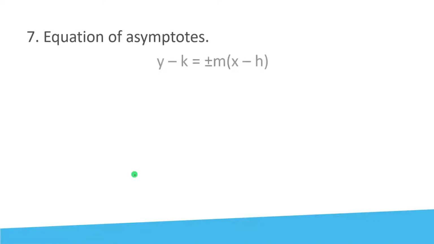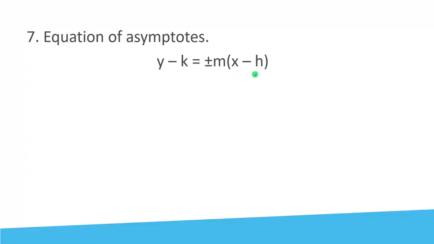Equation of asymptotes. Your asymptotes there are the slope, or the diagonal line formed by your transverse and semi-transverse and semi-conjugate axis. To find the equations of those lines, we will use y minus k equals plus or minus m times x minus h.